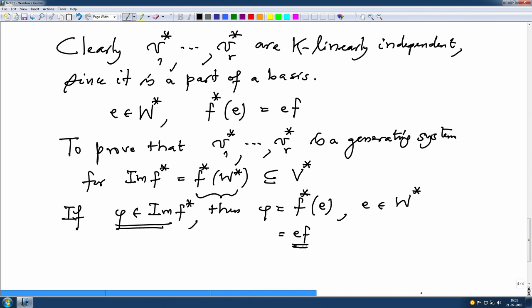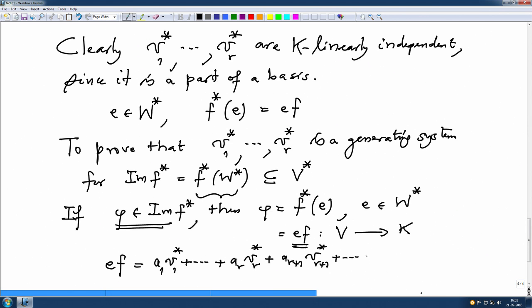But E compose F is a linear form on V. Because V1 star, etc., Vn star is a basis of V star, it definitely has a linear combination like this: A1 V1 star plus and so on up to AR VR star, plus AR plus 1 VR plus 1 star, etc., AN Vn star, for some scalars A1 to AN. I am interested in proving that the coefficients from AR plus 1 on are 0.